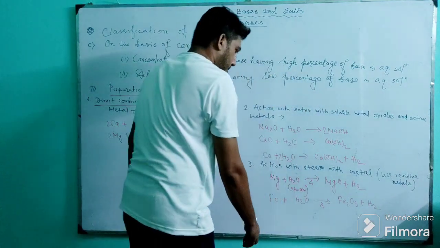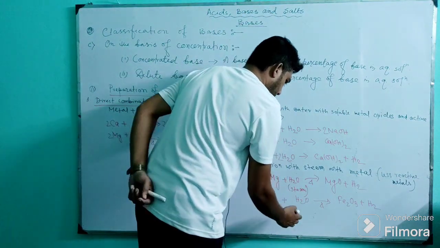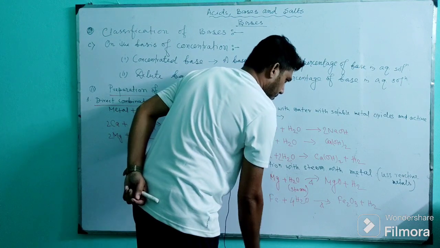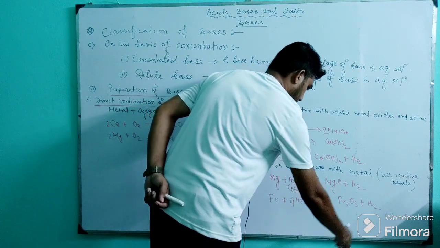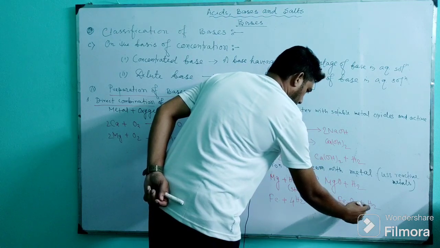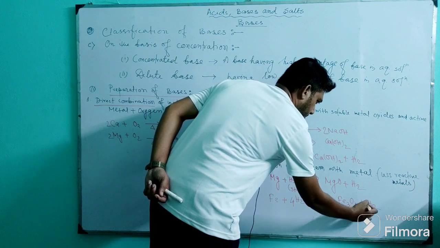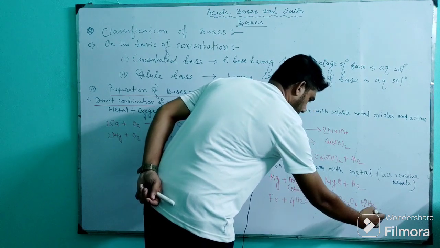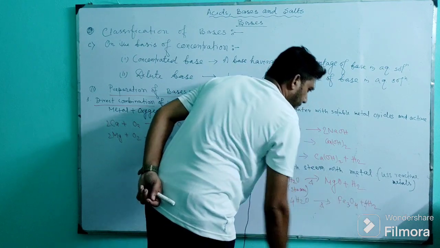You must balance it. Sorry, this will be Fe3O4 actually. Here there are 8 hydrogens, so it will be 4H2.